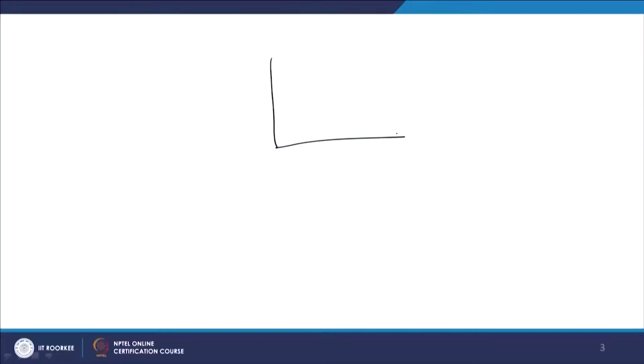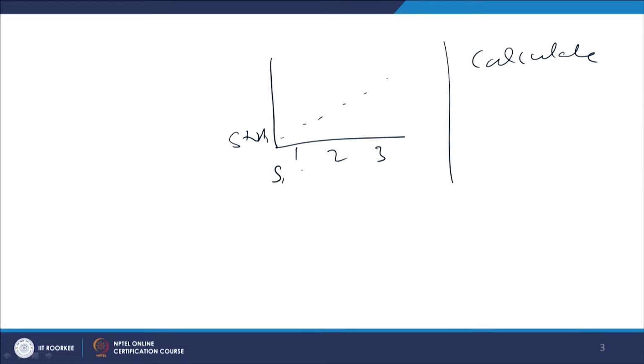So, if you are plotting a graph for the first day, second day, third day, and the level of the study material you are providing, then you have to see that whatever cost you are incurring, that cost has to be calculated. Calculate that cost for each day, and not only each day, session 1, session 2, if you are conducting this type of material designing and whatever material is required.